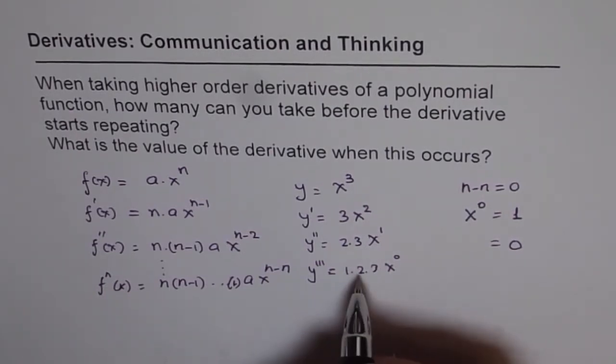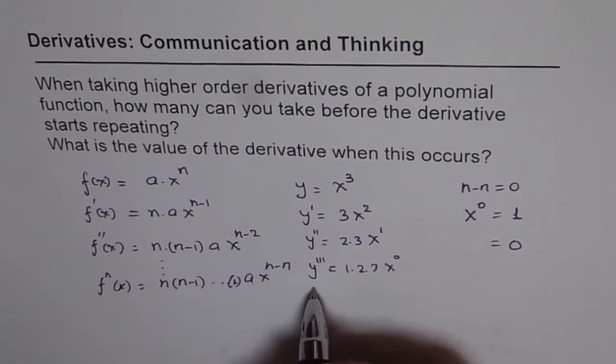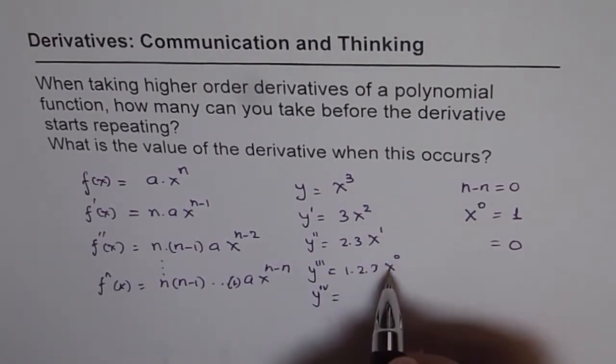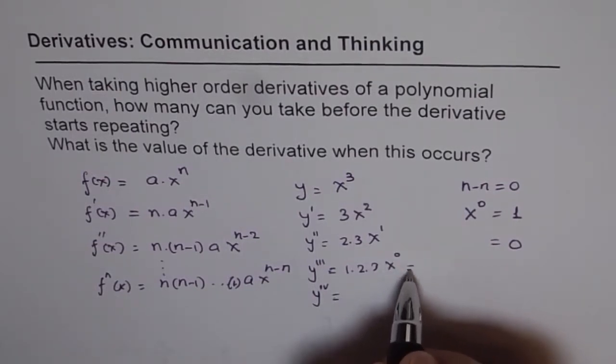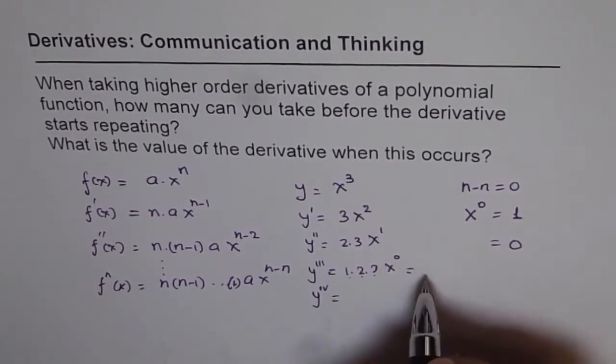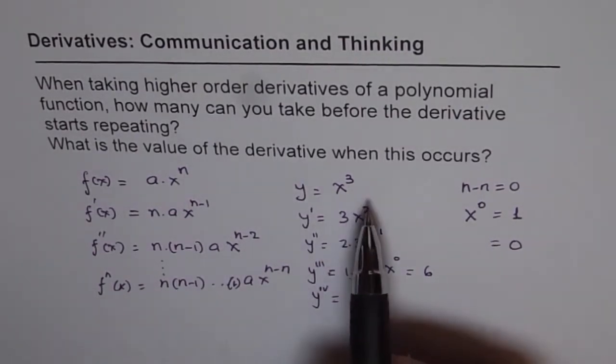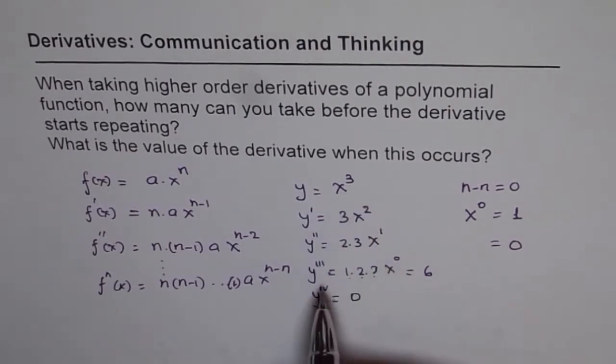Now if I do the next derivative, which is my fourth derivative, let me write 4 here. In that case, since this is a number, this is actually 1 times 2 times 3, which is 6. So what is the derivative of 6? It is 0. Do you see that? So if the degree is n, then we can find n plus 1 derivatives.